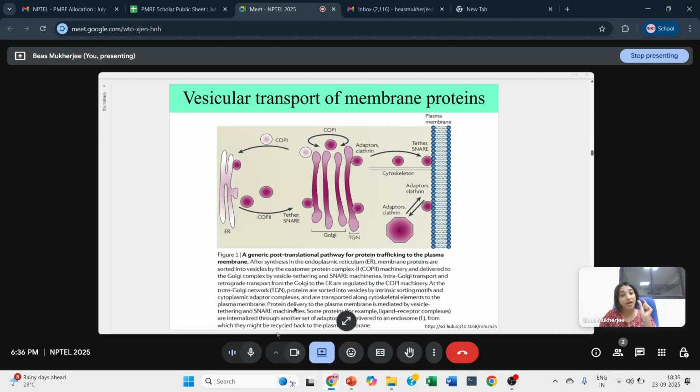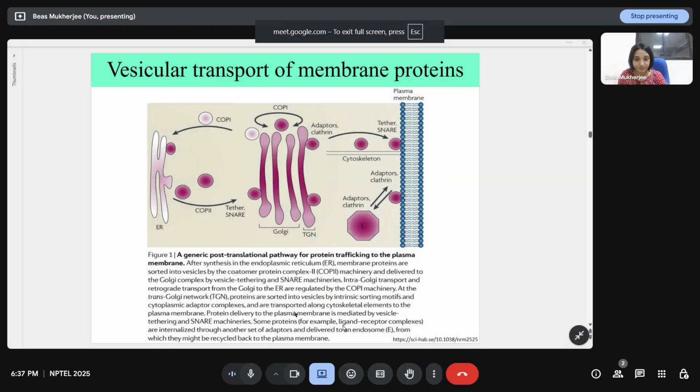Okay, now at the trans Golgi network, that means the protein is definitely folded properly and it is going to be sent away now to the different membranes. So at the trans Golgi network, the proteins are sorted into vesicles by intrinsic sorting motifs and cytoplasmic adapter complexes and are transported along the cytoskeletal elements to the plasma membrane.